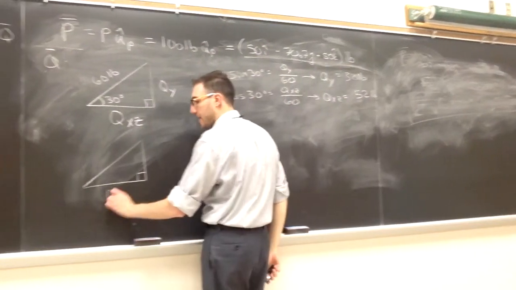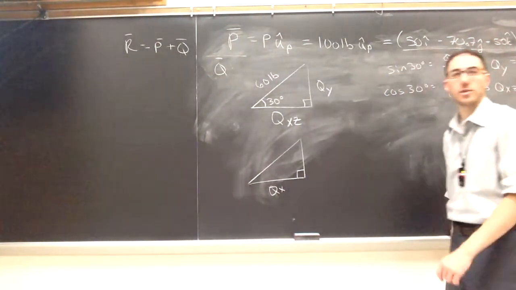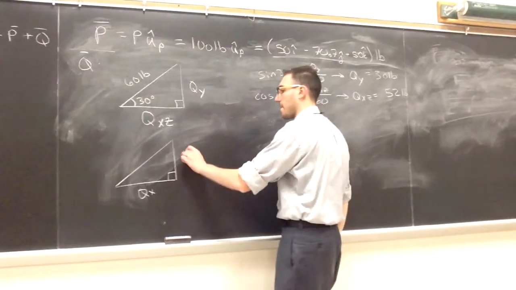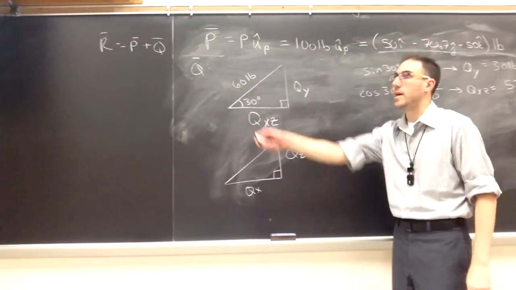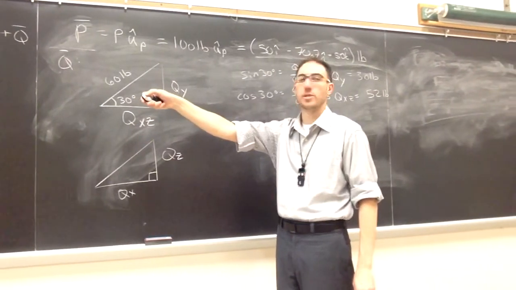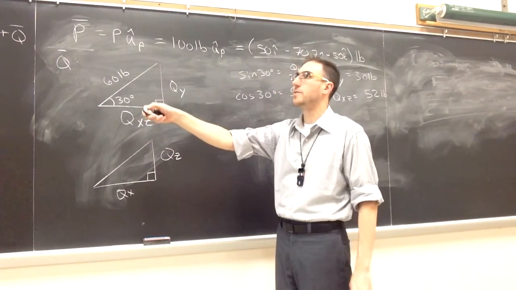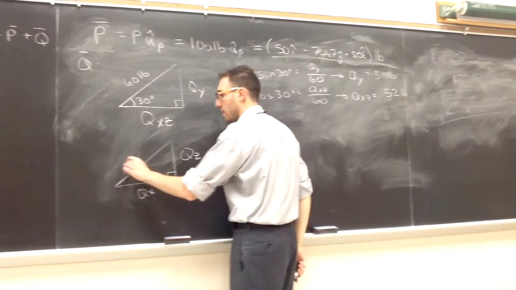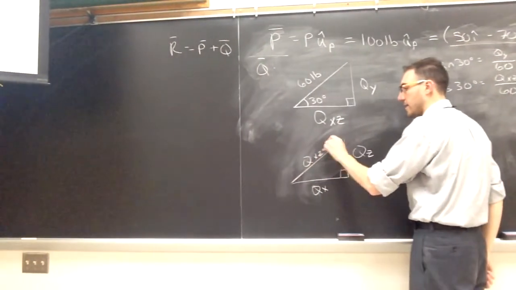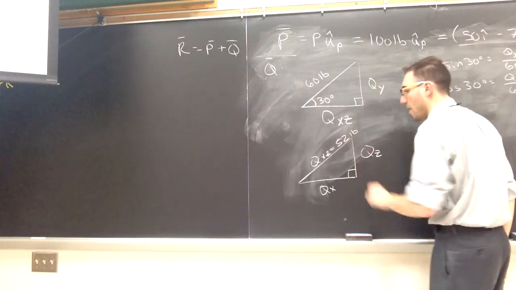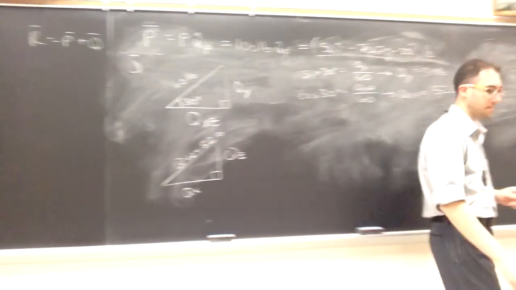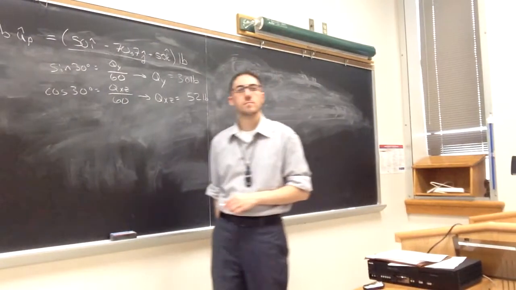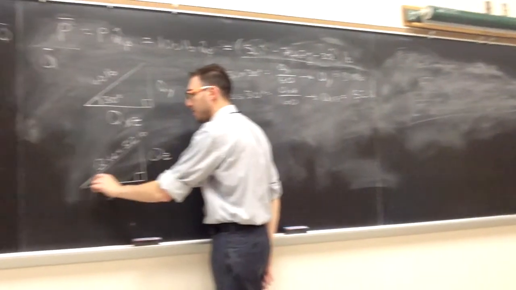So this leg is how much is only along the x direction. This leg here is how much is only in the z direction. And then the hypotenuse of this triangle is the same as the leg of the first triangle. So this is also qxz, which from the previous step I know is 52 pounds. And I'm also told this is 40 degrees.